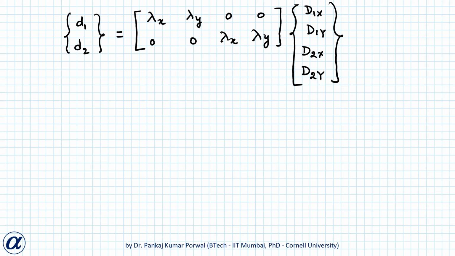So if I do the matrix multiplication, d1 becomes equal to lambda x into capital D1x plus lambda y into capital D1y, plus 0, 0. Same for d2 also.